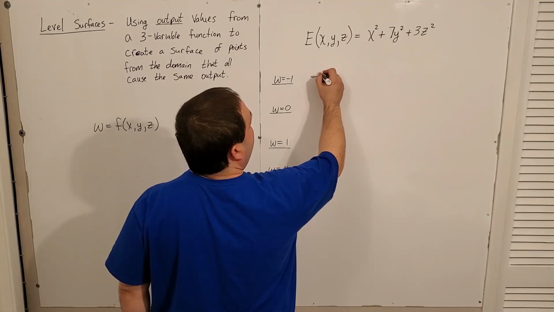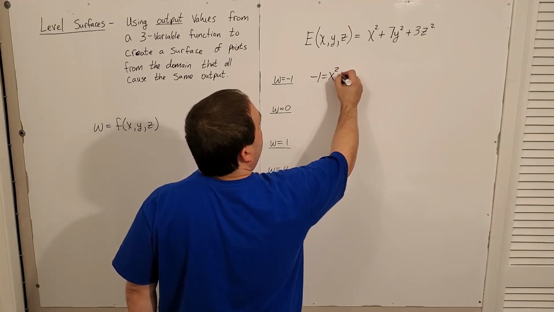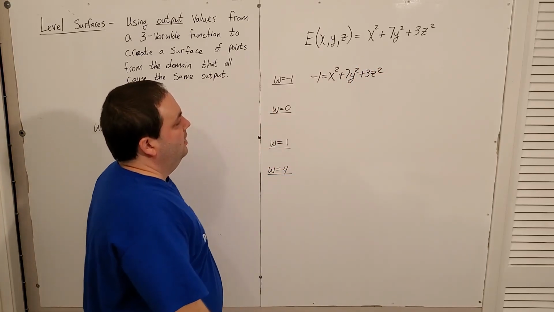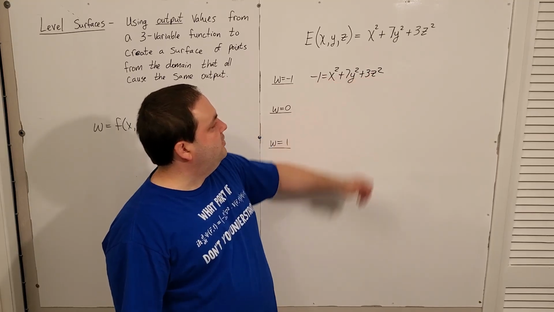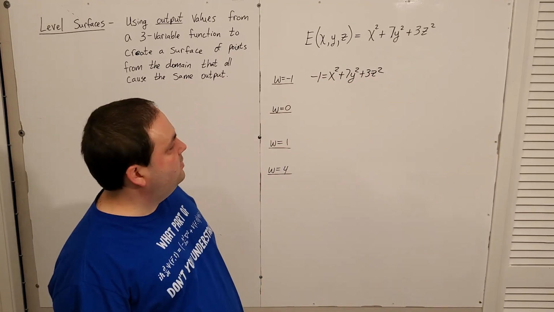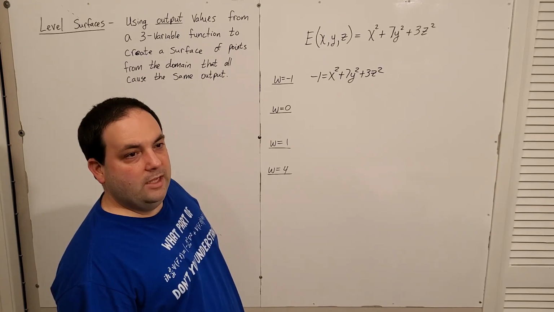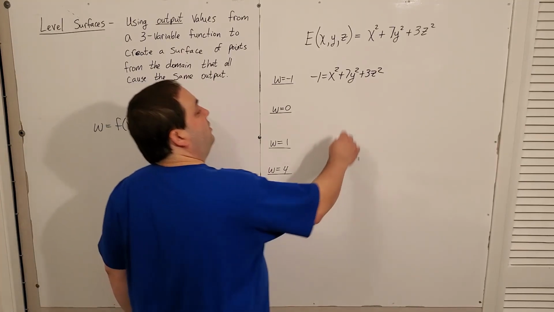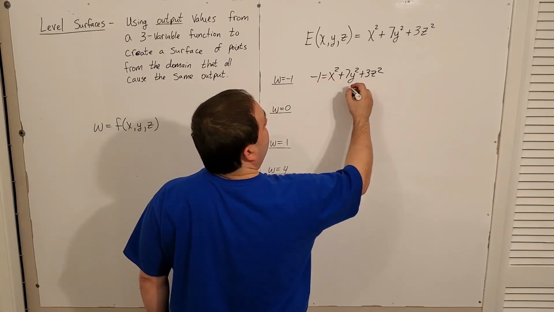I have -1 is equal to x squared plus 7y squared plus 3z squared. Since I'm adding and all of these are squares, they're never going to equal a negative number. X, Y, and Z would have to be imaginary, or at least one of them would have to be. So this is a no-go, right?